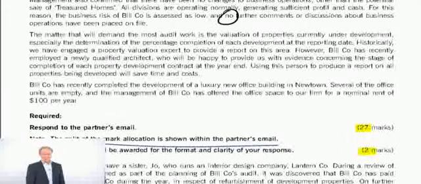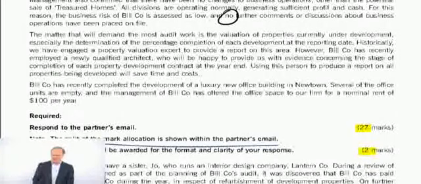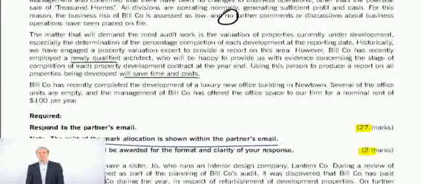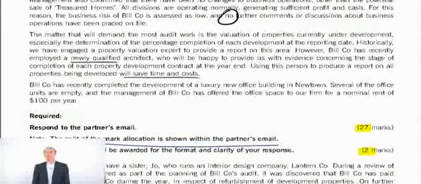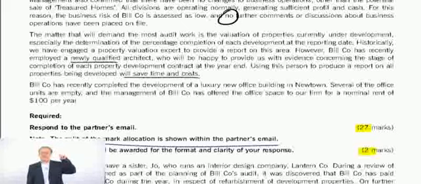However, Bill has recently employed a newly qualified architect who will be happy to provide us with evidence concerning the stage of completion. Using this person to produce a report on all properties will save time and costs. Well, as I said earlier, if you're going to rely on experts, one of the things you need to assess is their qualifications, experience, independence.